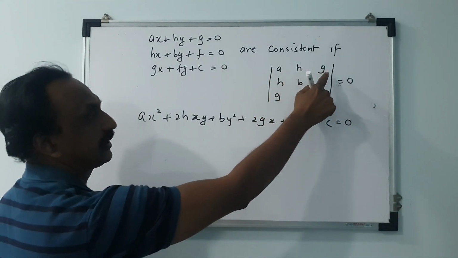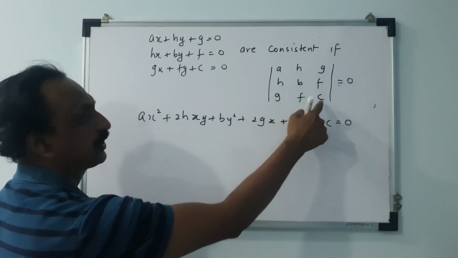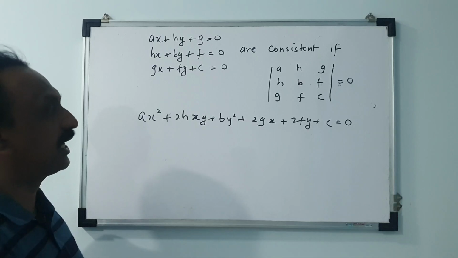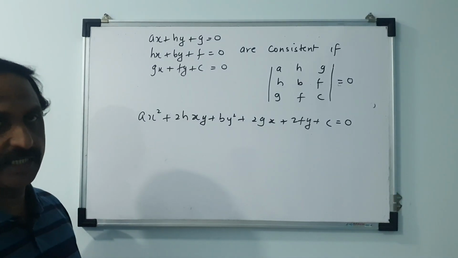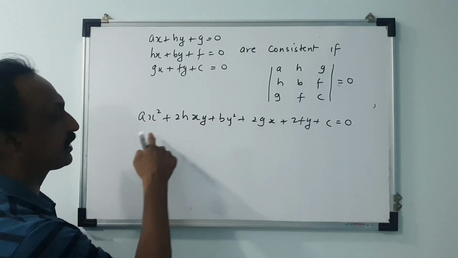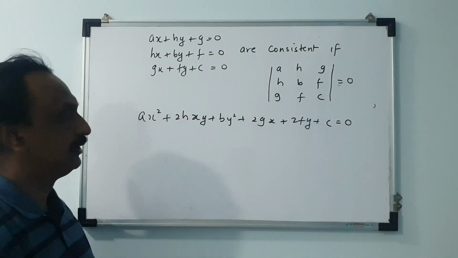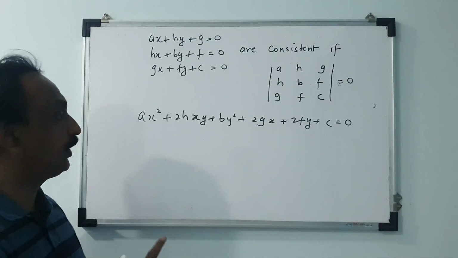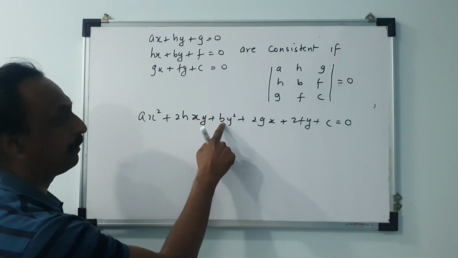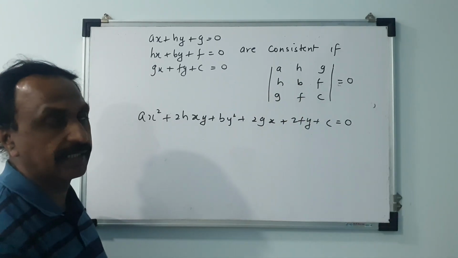All happy girls having boyfriends go for cinema. You can make a sentence like this and learn. Another, much easier method is to take the alphabets of all x terms, A, H, G in order. Take the alphabets of all the y terms, H, B and F, and take the last three alphabets, that's the third row.